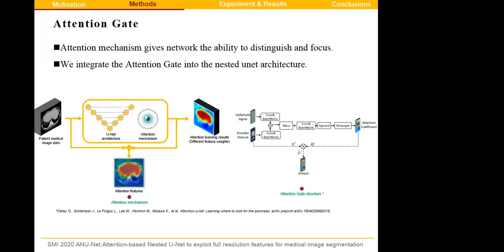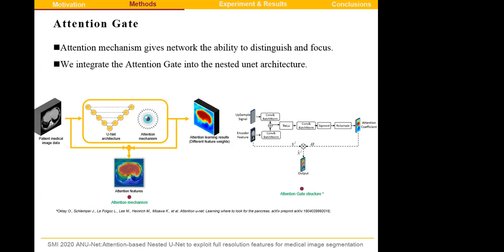First, we learned that the attention mechanism can give the network the ability to distinguish and focus. So we studied how to implement and add this mechanism to the UNet architecture. We have referred to previous work and designed the attention gate.